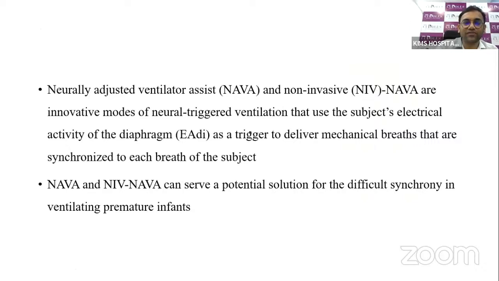These are innovative modes of neural triggered ventilation, where they use the electrical activity of the diaphragm by means of the EDA catheter, which helps us trigger the mechanical breath from the ventilator. Overall, based upon this activity, the synchronization of the baby with the ventilator will be best, and we can avoid so many various kinds of asynchrony. So NAVA and non-invasive NAVA can serve as a potential solution for the difficult synchrony in ventilating premature infants.